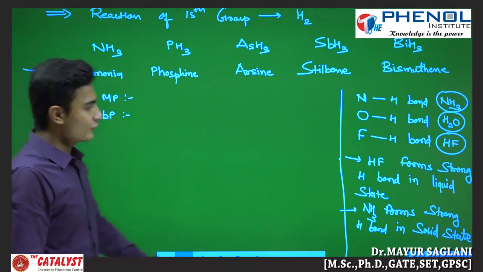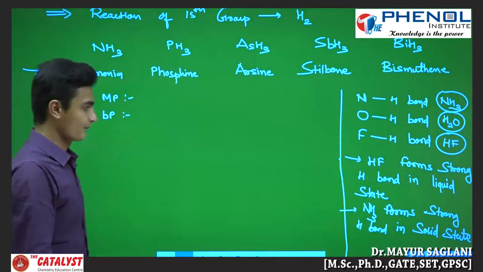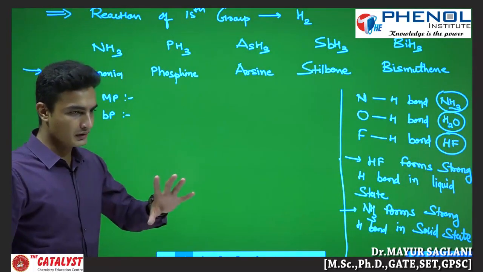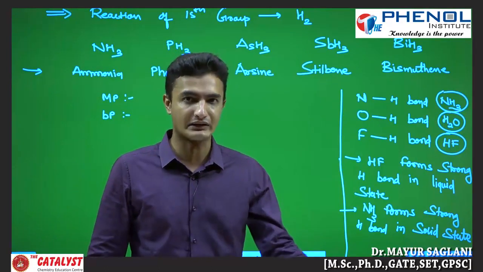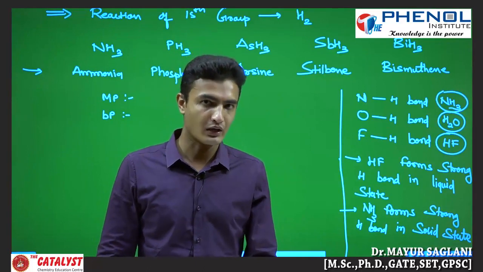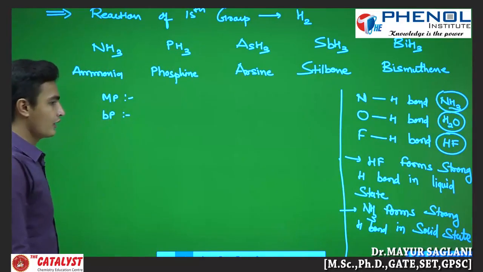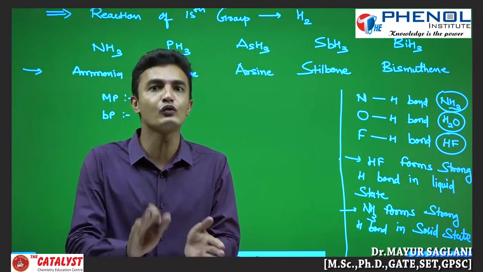Now NH3 forms strong hydrogen bond in the solid state, and converting a compound from the solid state into liquid state is what is called its melting point. And what do you mean by boiling point? You are changing the phase from liquid to vapor.